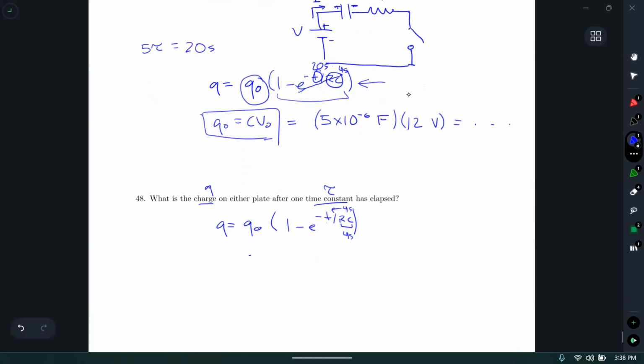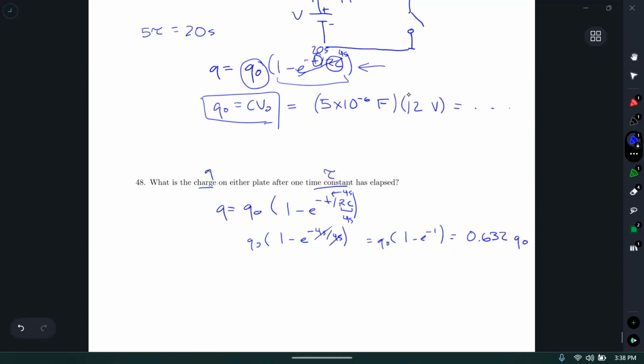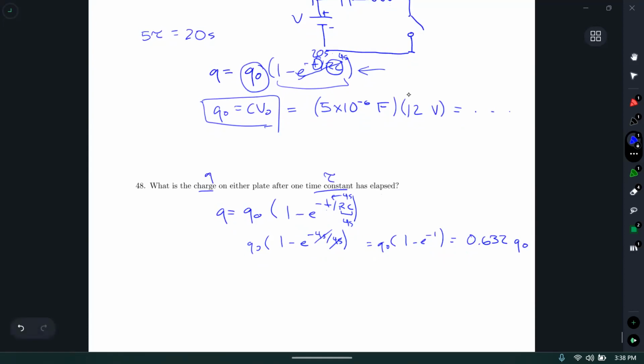And so it'll be Q0 times (1 minus e to the negative 4 seconds over 4 seconds), Q0 times (1 minus e to the negative 1), or that should get you to about 0.632 Q0. And so from this previous problem, we know Q0, and so we just put it in.